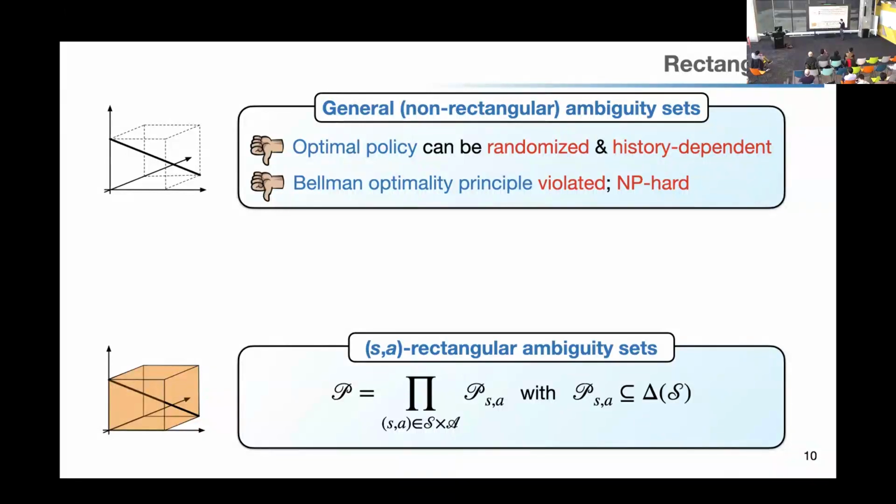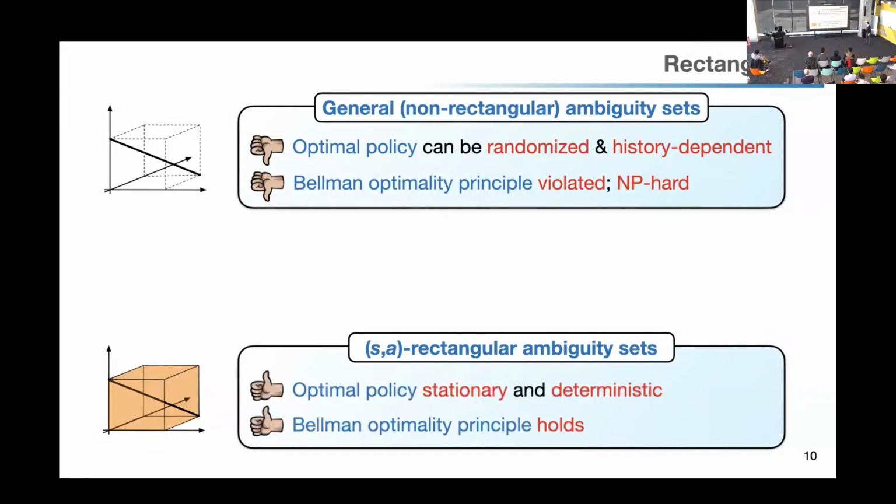So the idea here is that our ambiguity set is actually the cross product of many smaller ambiguity sets, one for each state action pair. Under this assumption, one can show that there is always an optimal policy that is memoryless and deterministic, and the Bellman optimality principle continues to hold. So in essence, all the nice properties from traditional non-robust Markov decision processes carry over to robust Markov decision processes over SA rectangular ambiguity sets.